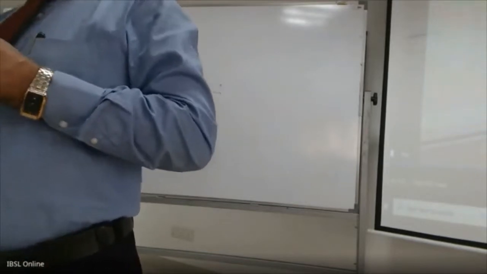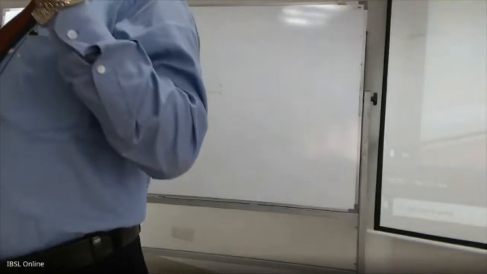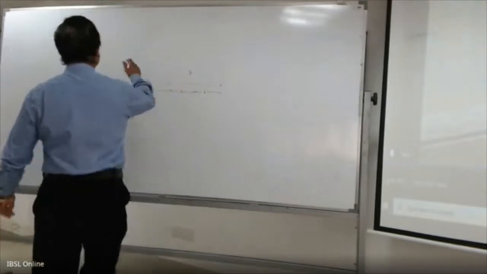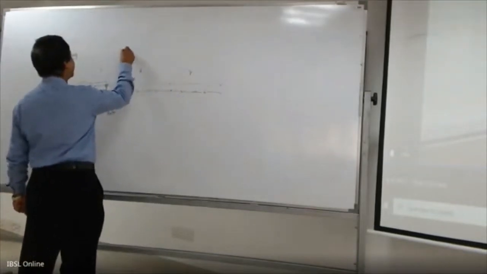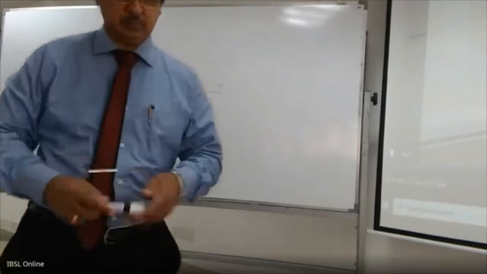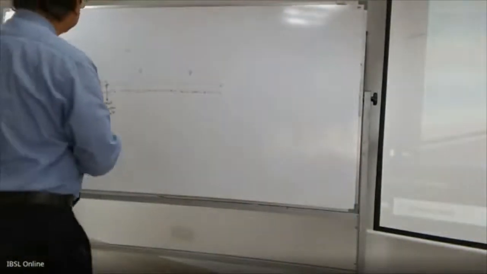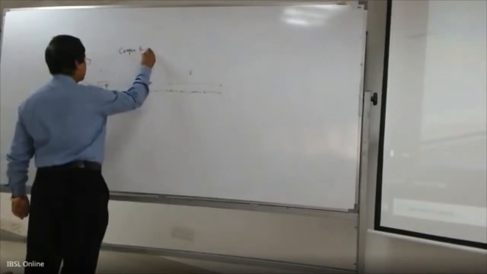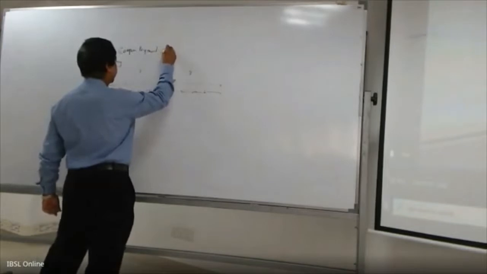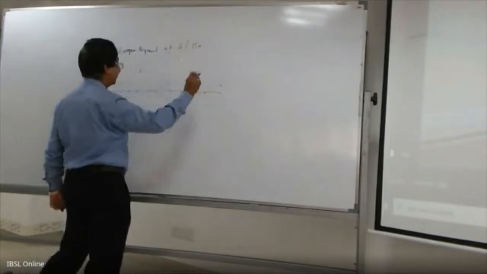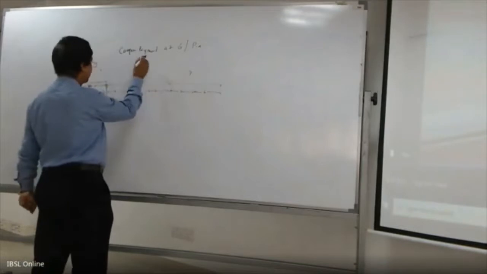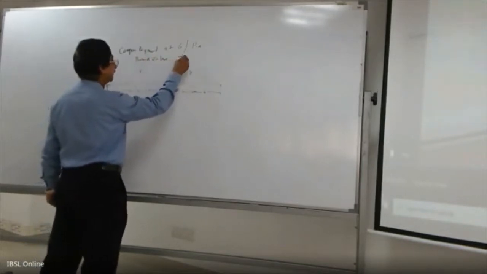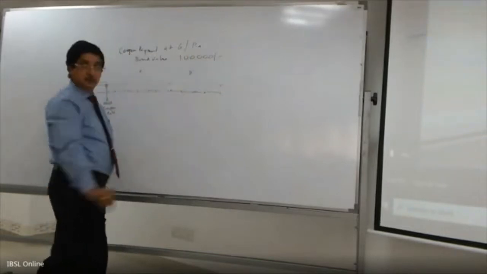Right. Now say the coupon payment is 6% per annum, and we will assume a face value of 100,000.